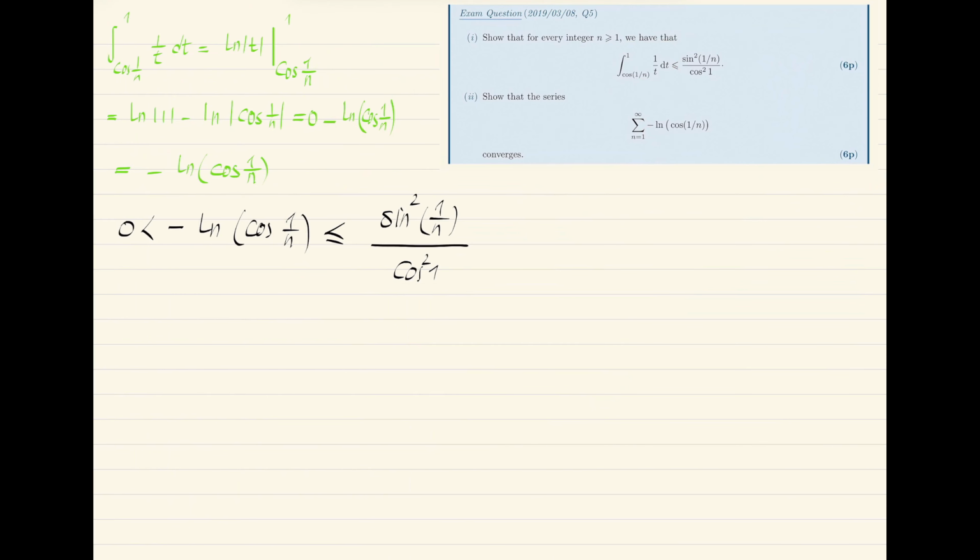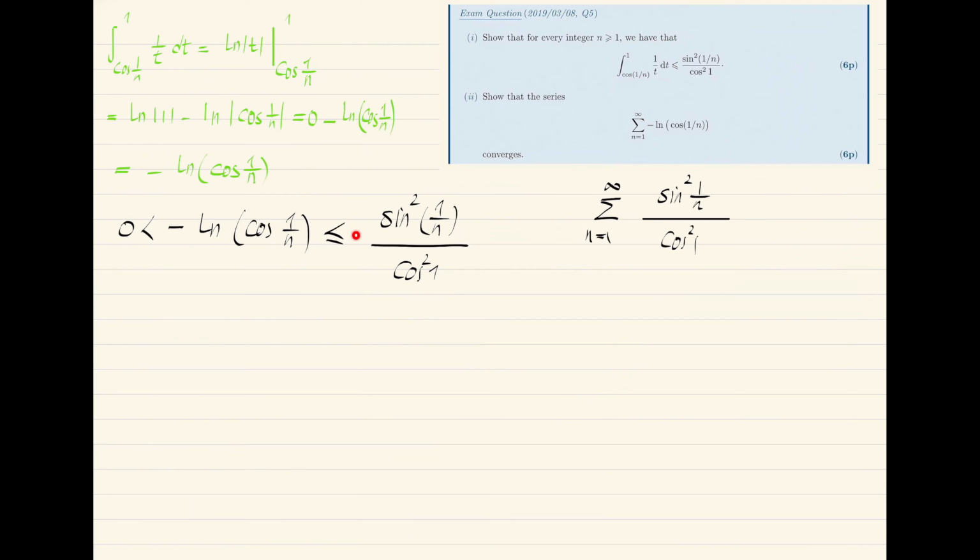Okay, so now what I want to do, instead of looking at this sigma, I want to look at this sigma of this expression. So sigma of sine squared of 1 over n divided by cosine squared 1, n goes from 1 to infinity.